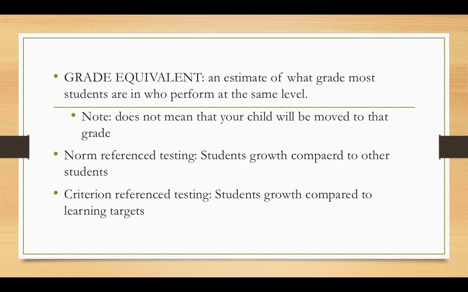So that means that they're being compared among people and among groups, whereas criterion reference testing is where a student's growth is compared to specific learning targets, and those would be the different aspects of the subject that they're trying to learn. And so you can think of norm reference testing as EOCs for the most part, where criterion reference testing is what occurs in our classroom, where we have set standards and each student individually tries to achieve those goals.